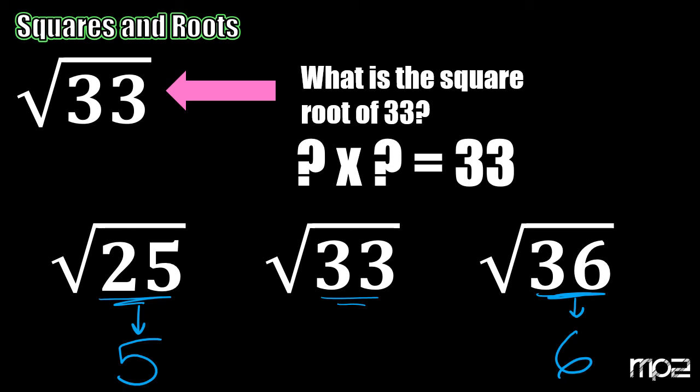And now I'm going to estimate the square root of 33. I can say that's closer to the square root of 36. So I might give my estimation somewhere around 5.8, 5.9 as a really good estimate. So there's actually a way to figure out square roots just by estimating without using a calculator.